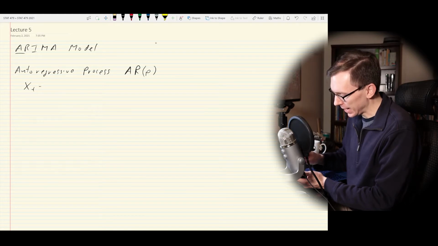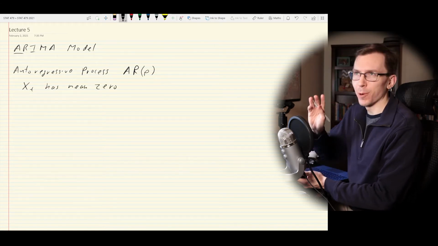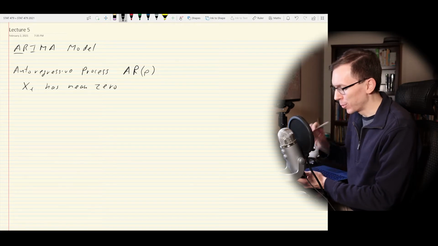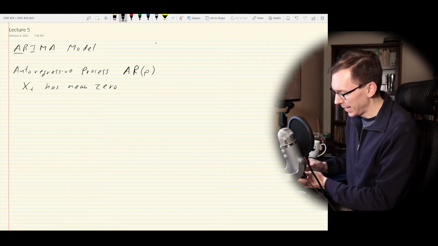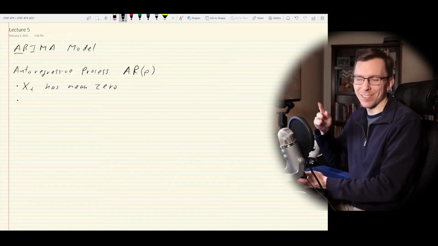And we're going to say that X_t has mean 0. This is more for convenience's sake. It just makes it a little bit easier to assume the mean is 0, so we don't have an extra term flying around our equations, which gets annoying.